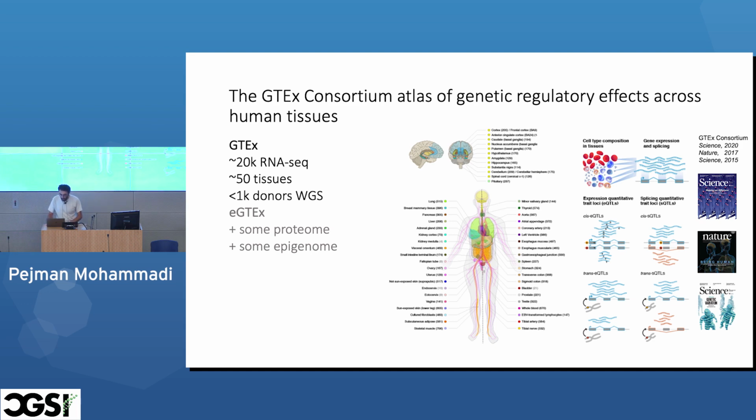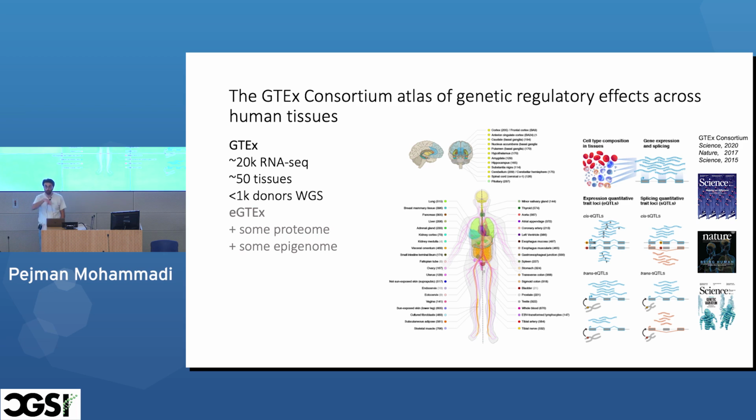So just briefly describing for those of you who are not familiar with GTEx. GTEx is a data set of generally healthy people, post-mortem samples that were collected at transplant grade, and in total it includes about 1,000 people and around 20,000 RNA samples collected from about 50 tissues.